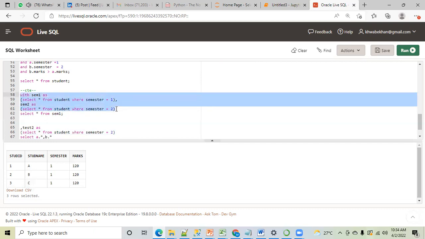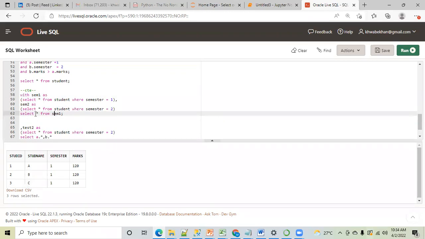In these 4 lines, 58, 59, 60, 61, how many temporary tables do we have now? Two. Correct? Now you have 2 temporary tables, SEM1 and SEM2. SEM1 temporary table has the data of semester 1. SEM2 temporary table has the data of semester 2.